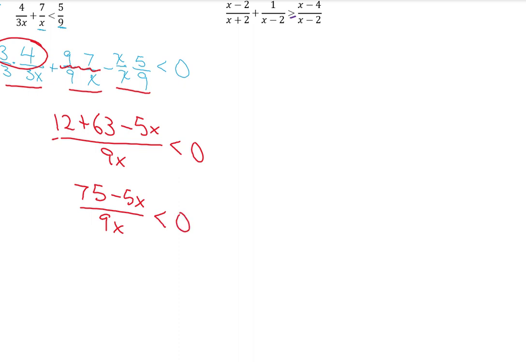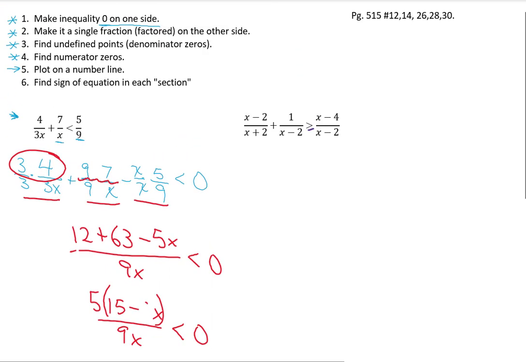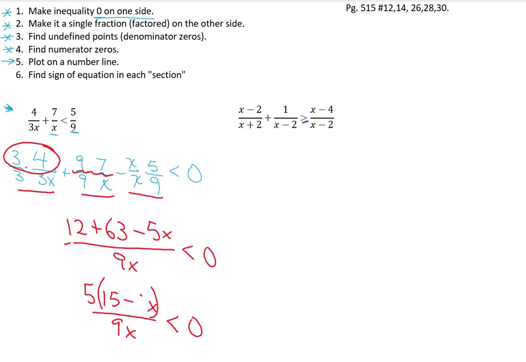And I can factor a 5 out of that. Might be nice. 5 goes into 75 15 times. So we moved everything to the left by subtracting 5/9.